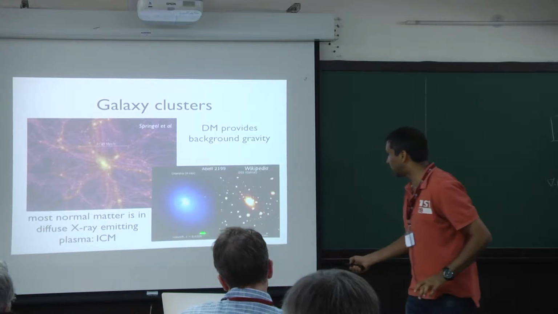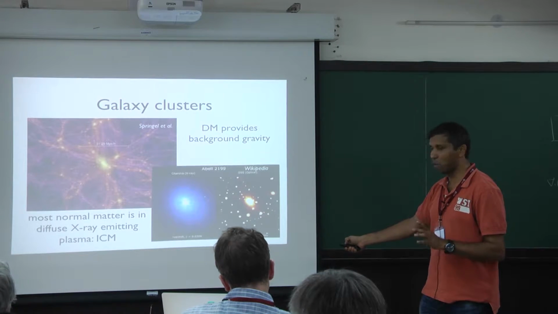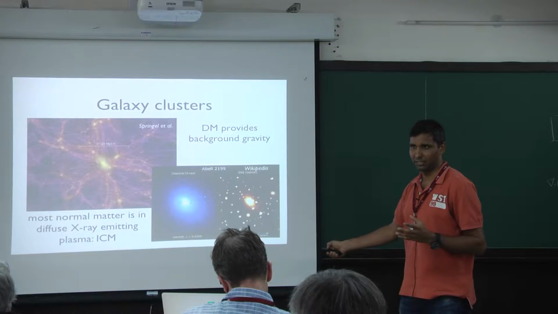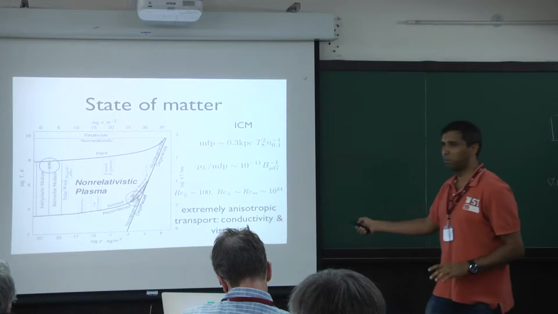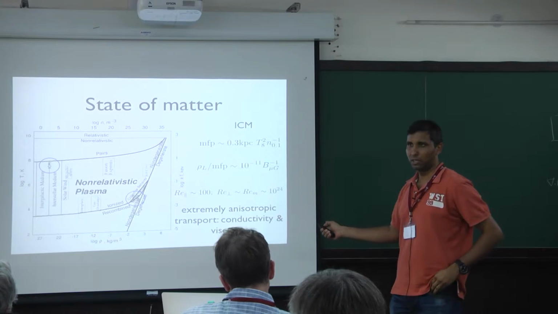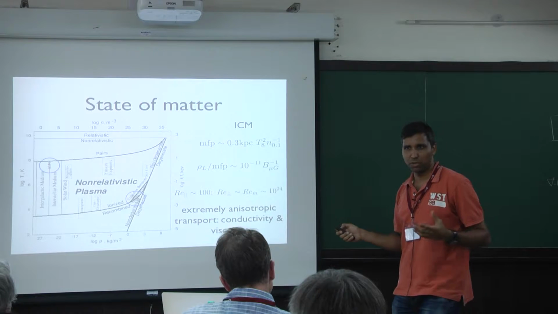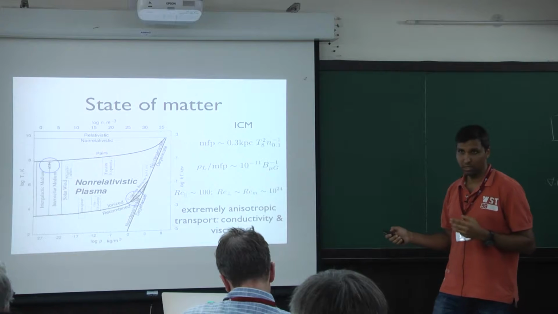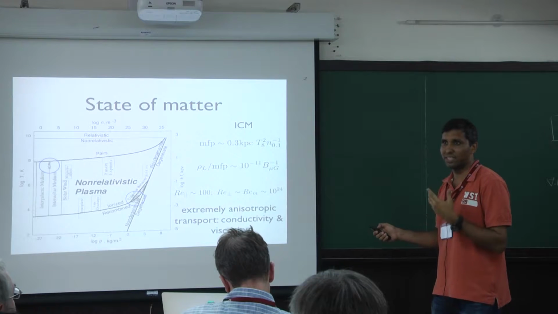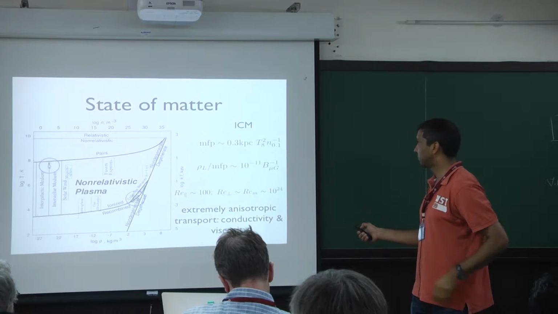Again, to set the stage, the scale that we are interested in here, the core of the cluster, is tens of kiloparsecs, and the mean free path is a point few kiloparsecs. So the mean free path is only 2 or 3 orders of magnitude smaller than the scales of interest. So this medium is very viscous, in a traditional sense.